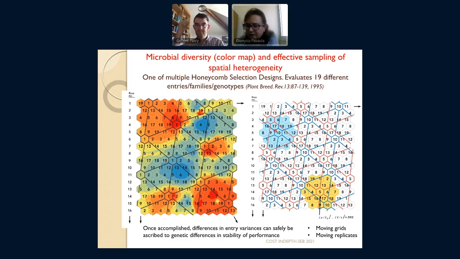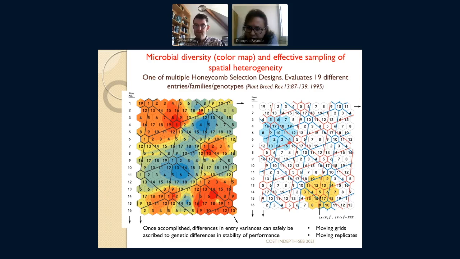And also regarding the neighbors, this is the same design, but let's work with number 10 here. Number 10 is surrounded by representatives from the remaining 18 families.